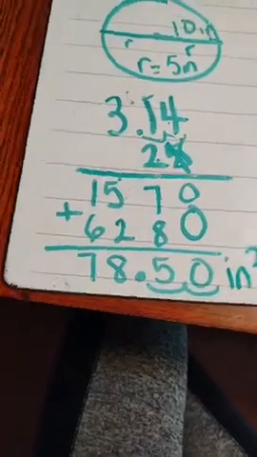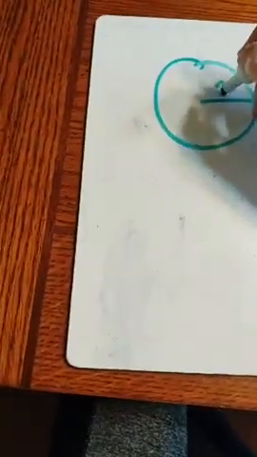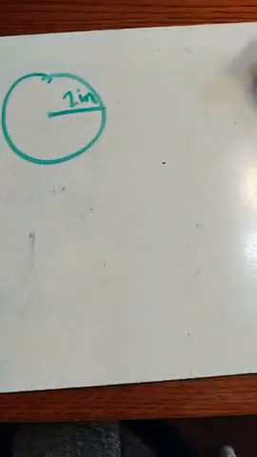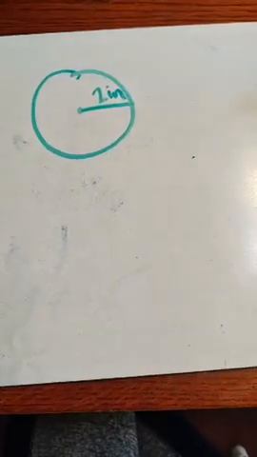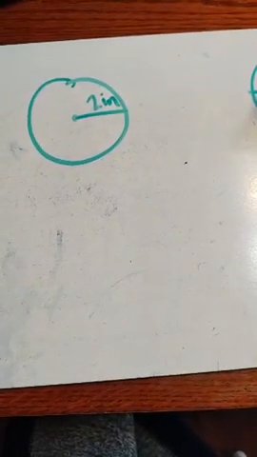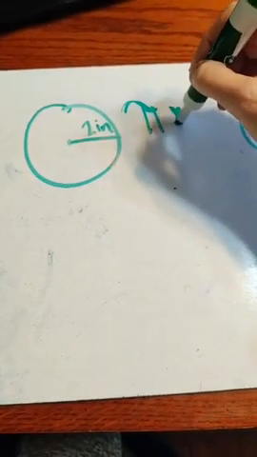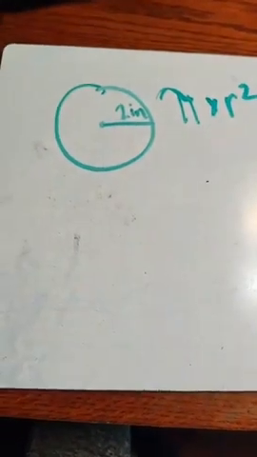I'm going to give you a couple of problems, and we're going to try and figure them out. Remember, here's your formula again: pi times radius squared.